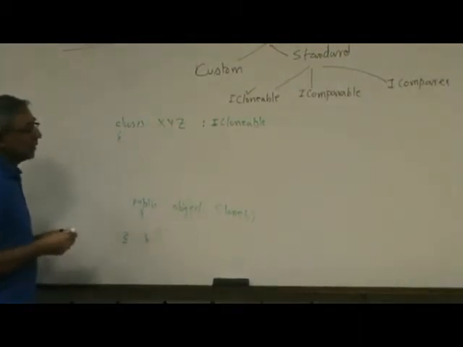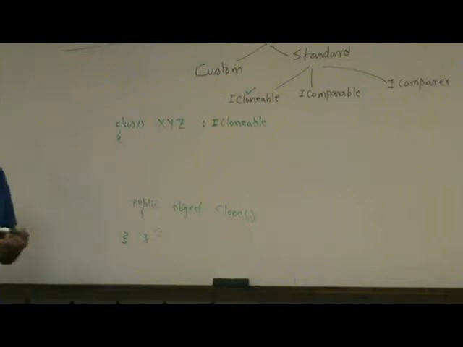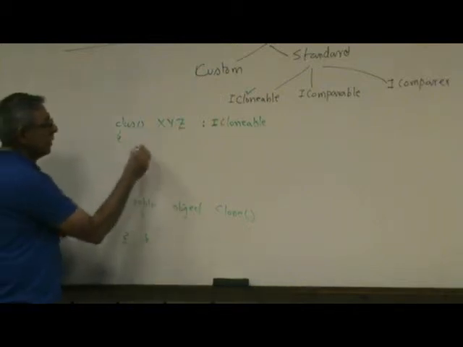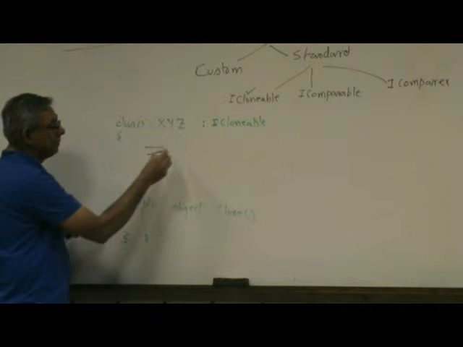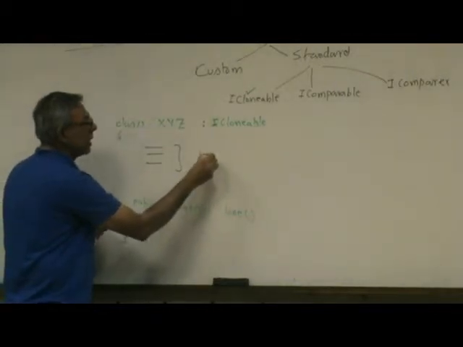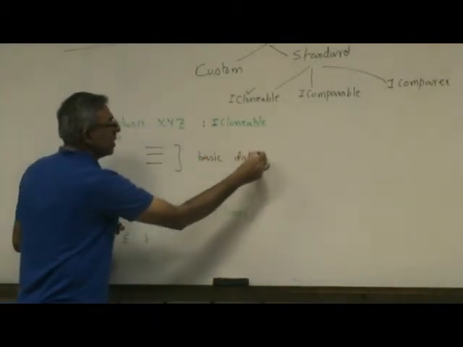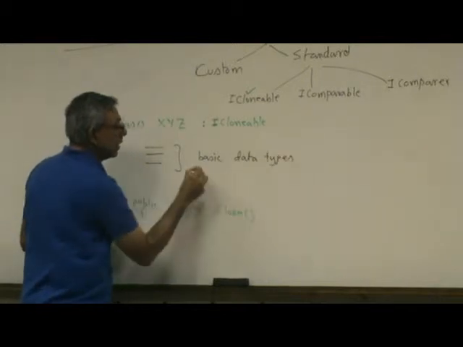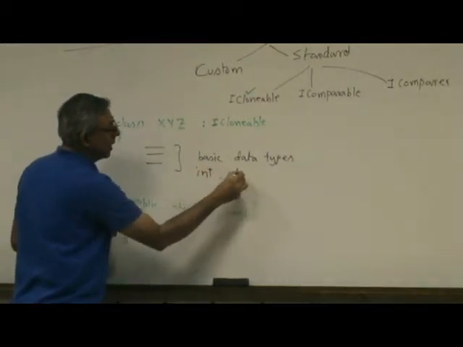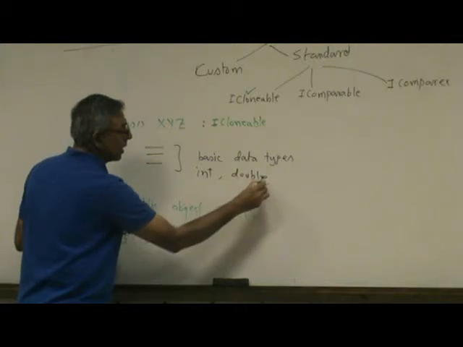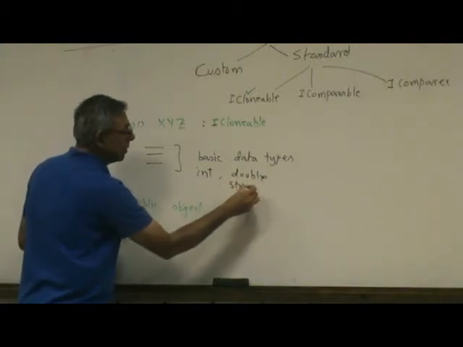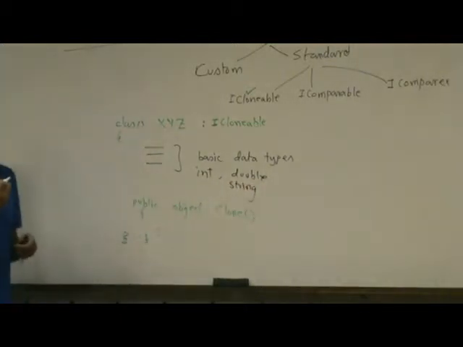Now you can write your code in it. So we discussed that if all the fields in your class, whatever fields you have declared, are basic data types, meaning it could be int, double, string, right? There's no object of a class or no array over here.